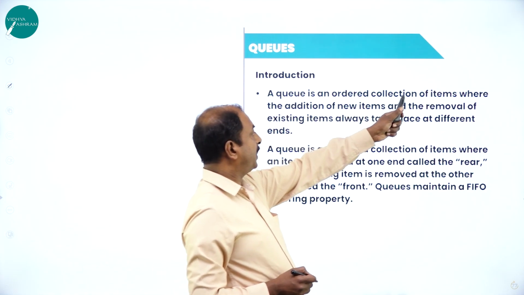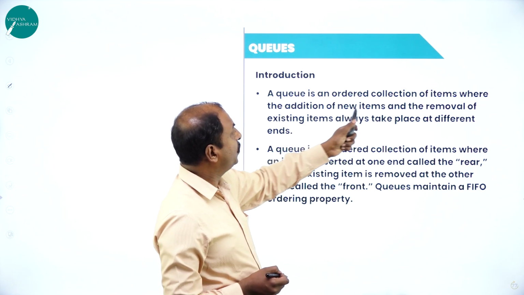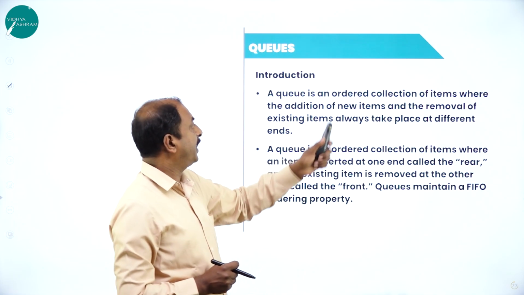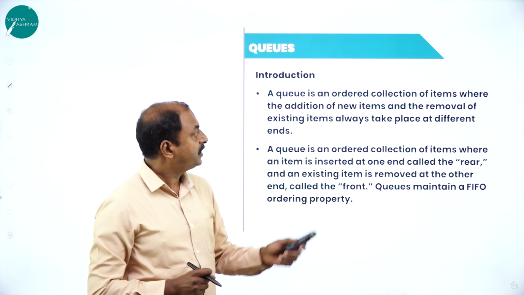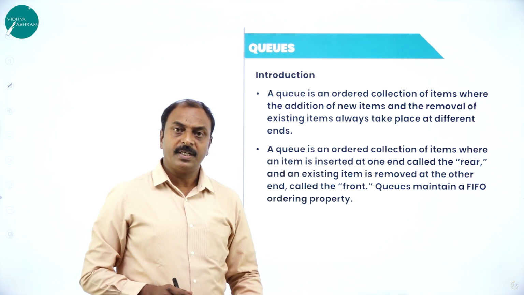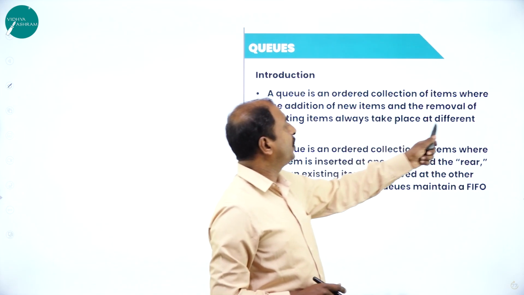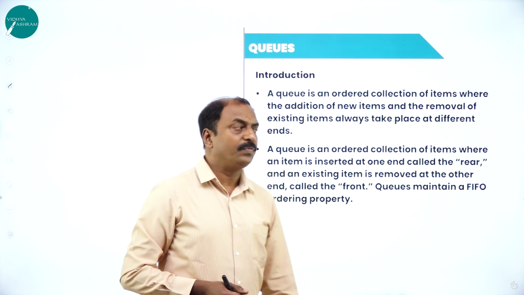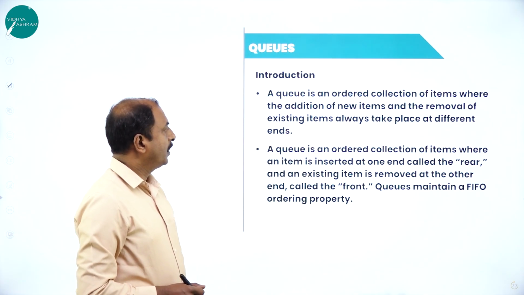Queue is a data structure. Here, addition of a new item, nothing but insertion, and removal of an existing item, that is deletion. Insertion and deletion operations take place at two different points or two different ends. That is the definition of queue.